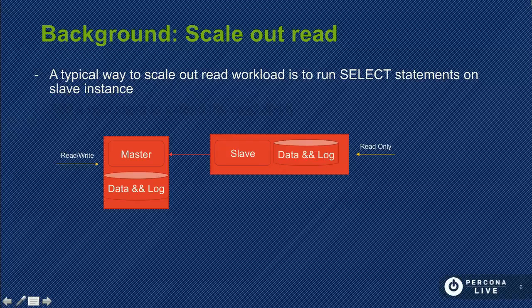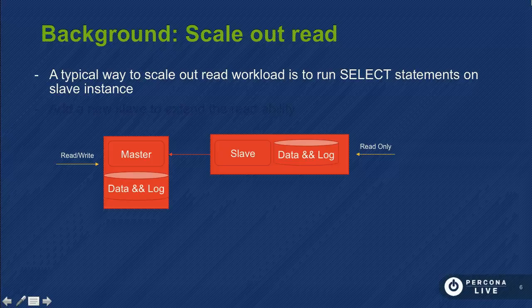And this is another way to extend the readability, and it's also the most popular way. If your system can tolerate some replication delay on the slave, then you can distribute your read workload to the slave and read data from there.